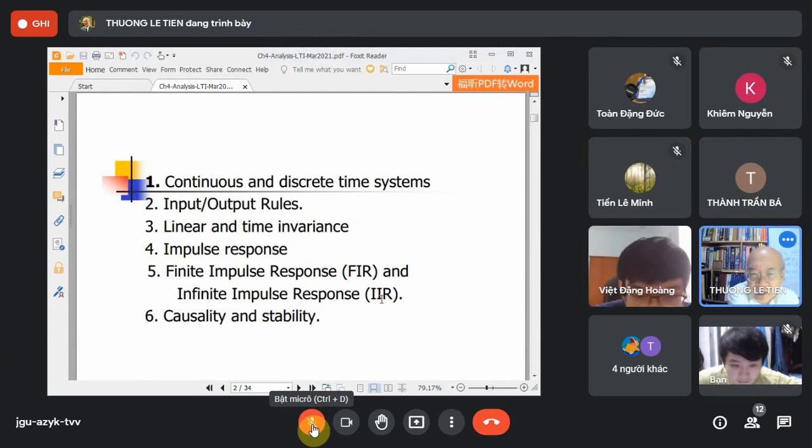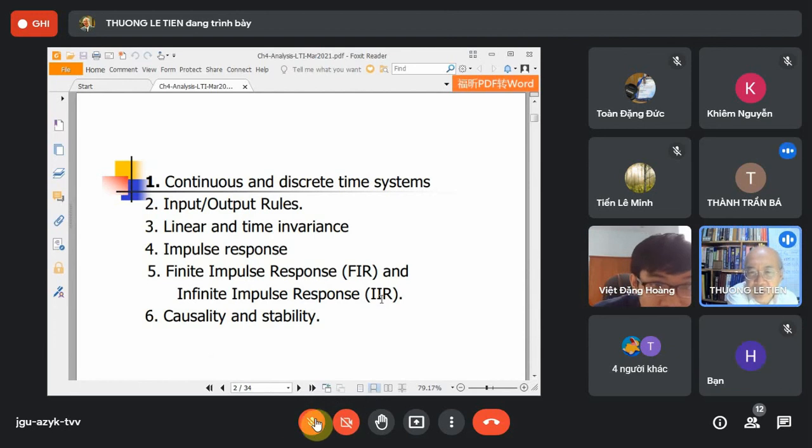You can turn up the volume of the speaker. Now the question: have you ever heard of the FIR and IIR systems?